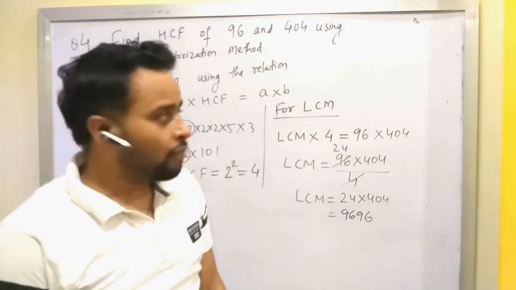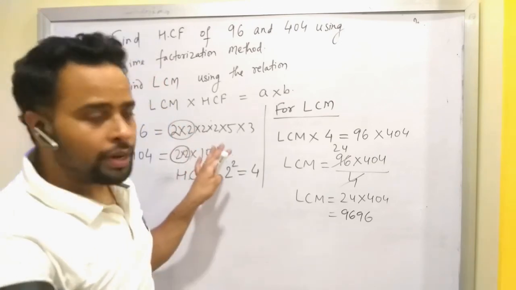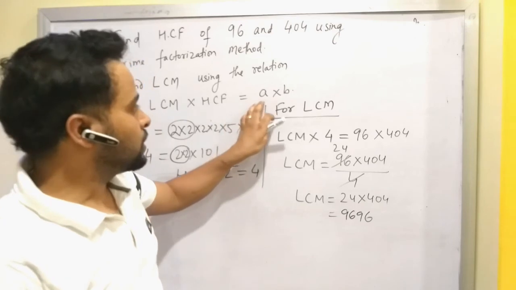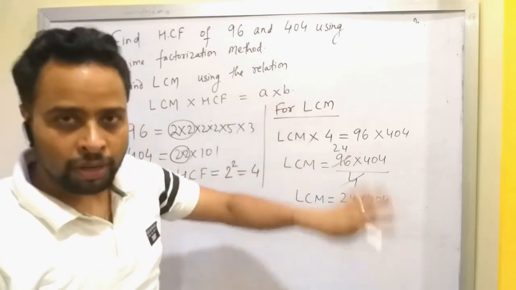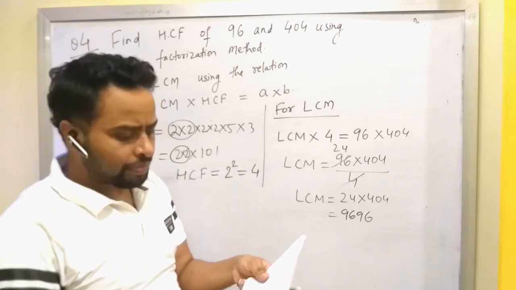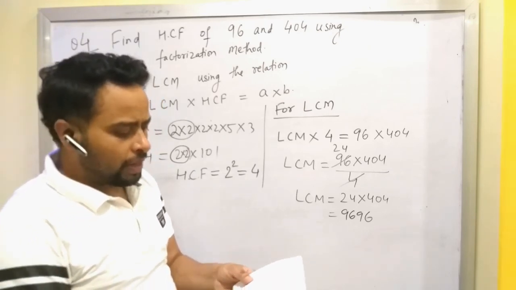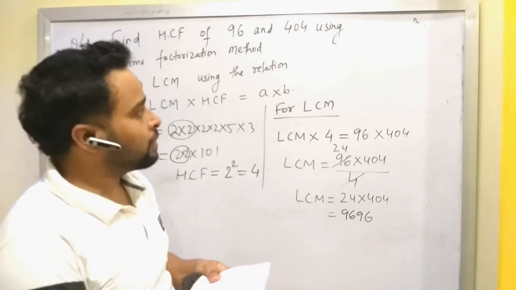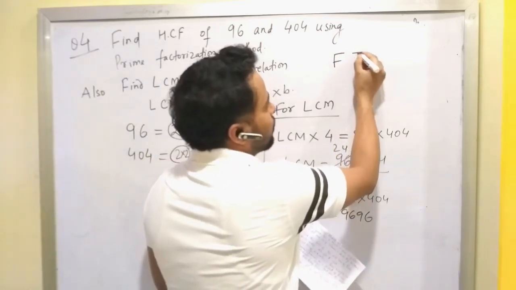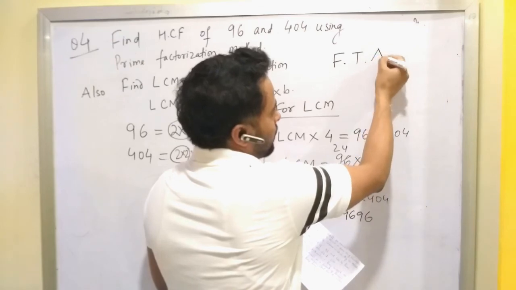HCF is 4. So there is also a relation, LCM into HCF is A into B, that is the product of two numbers. We move on to question number 5. But remember, there is a fundamental theorem of arithmetic also. We call this the fundamental theorem, FTA.